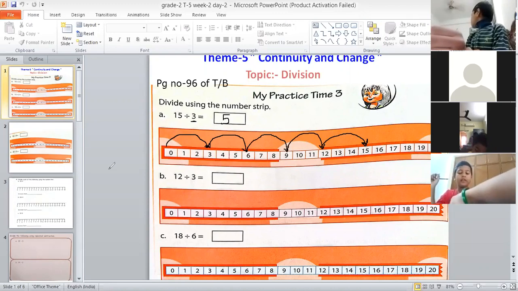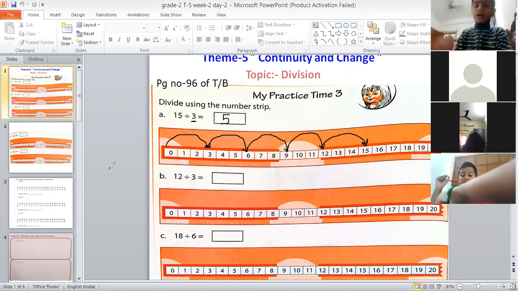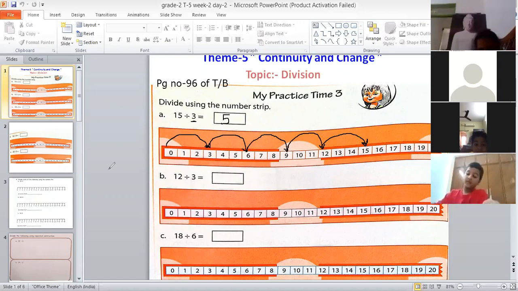Now, next question. Lohit, please unmute yourself and read the second question. It is 12 divided by 3.